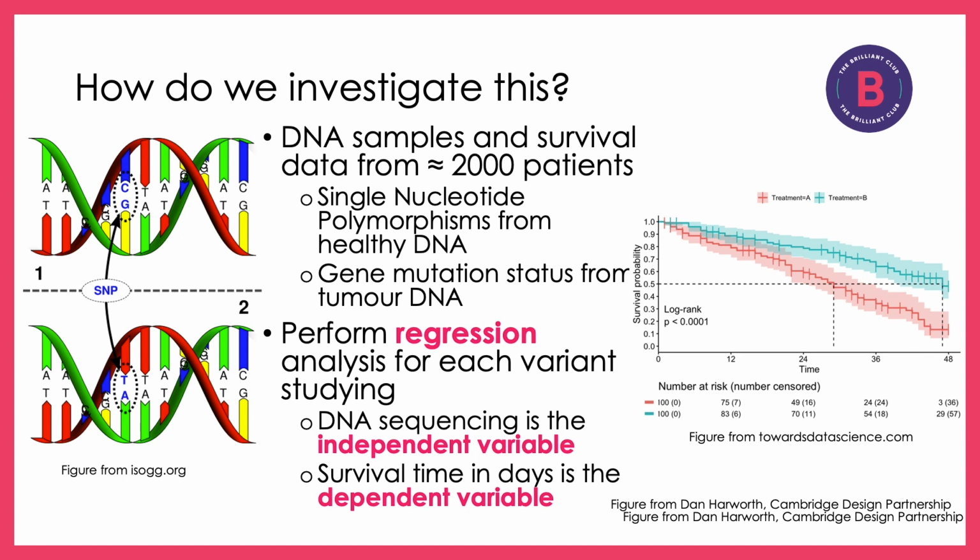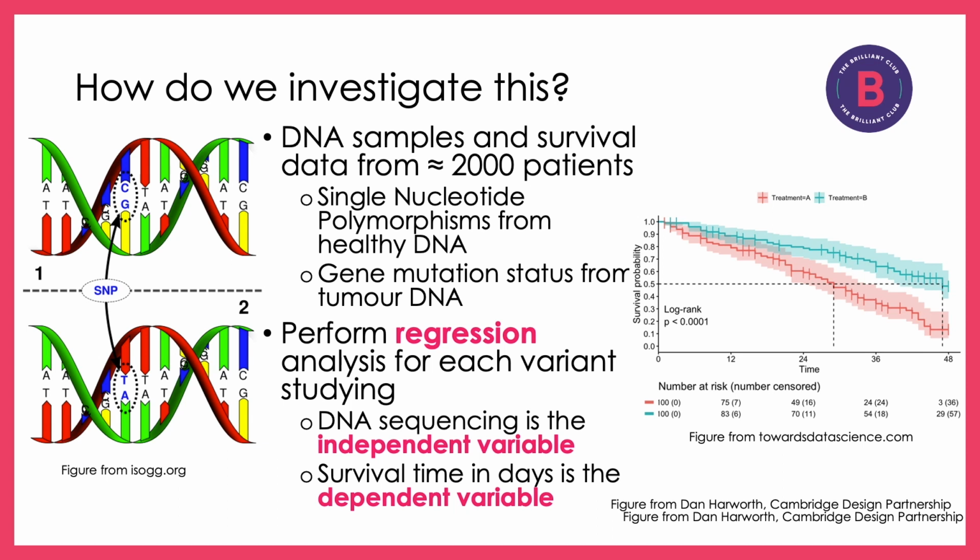COIN and COIN-B were designed to test if continuous therapy, or intermittent chemotherapy, which is given in 12-week blocks with gaps, was more effective, or if adding a new immunotherapy-based drug would further increase survival time. Regardless of how the treatment was delivered, all patients were on a platinum-based chemotherapy called oxaliplatin.